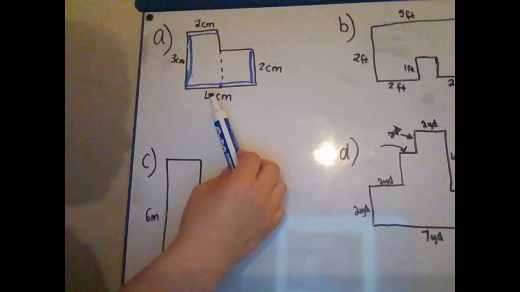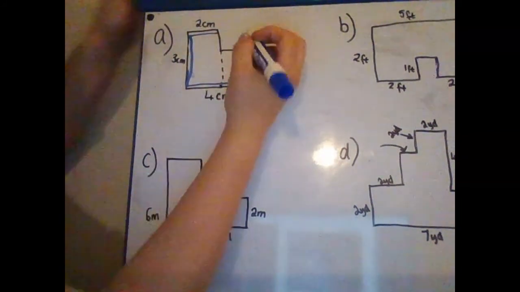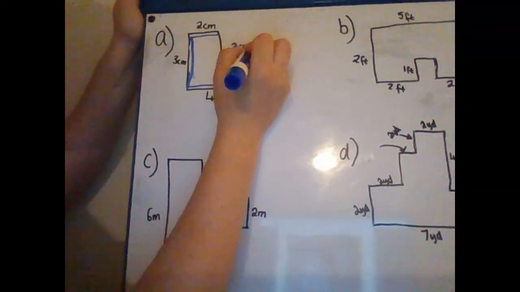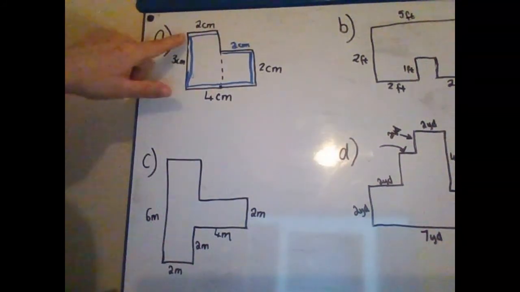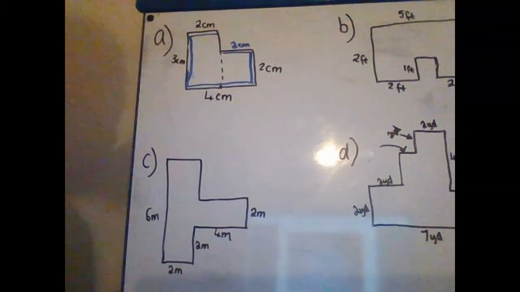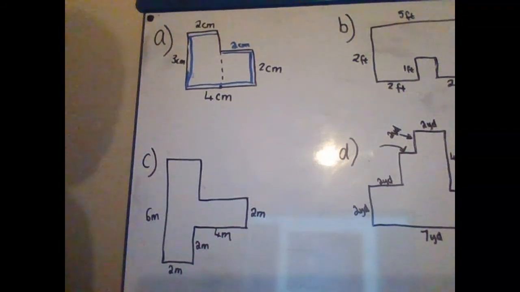So I need to do 2 add what? So I've got 2, add another 2 centimeters here. So now this side length will give me 4. If I go from here to here, 2 add 2 is 4. That'll give me the 4 centimeters that I have here. So that is how I find that missing side length.